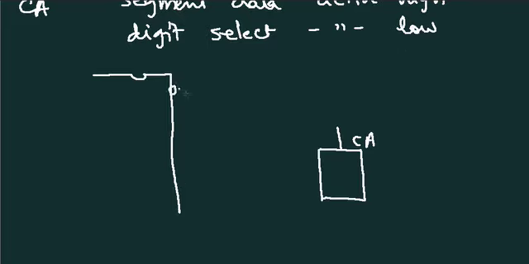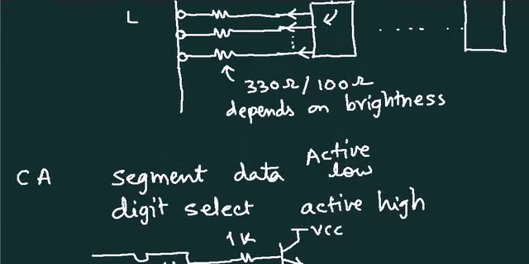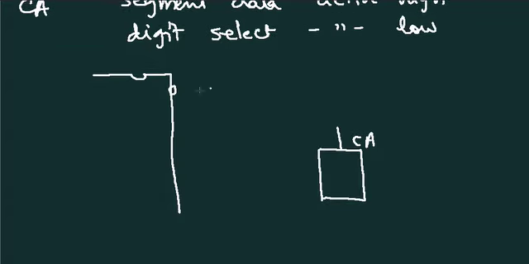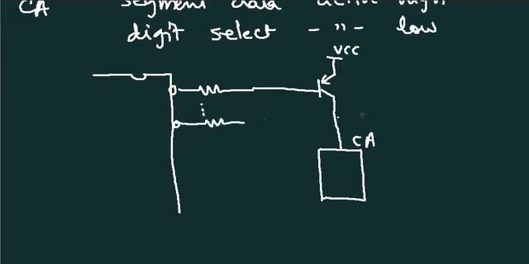So, whatever we have done earlier, that is the use of a PNP transistor, the same will be applicable here. PNP transistor. I am going to show you for one digit, for the rest of the digits it is going to be the same. The circuit will be duplicated.